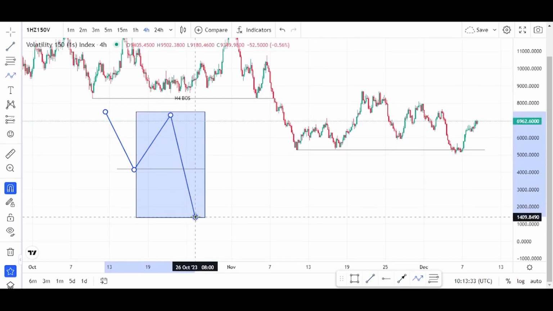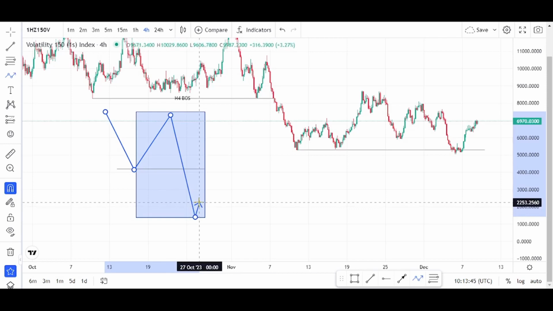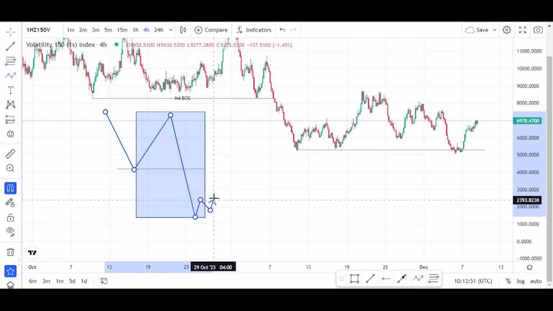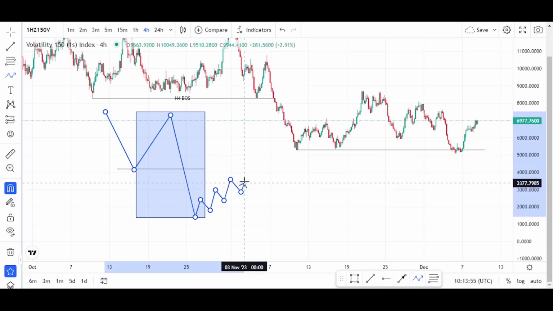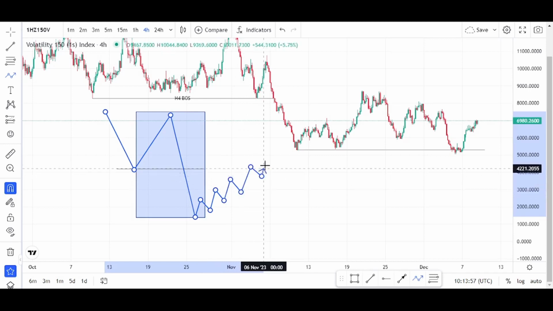After identifying our leg, we are going to anticipate our retracement phase, or pullbacks to our areas of premium levels, because when we are bearish, we want to retrace back to our premium levels to sell there.